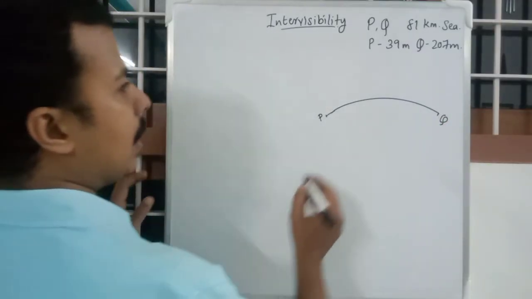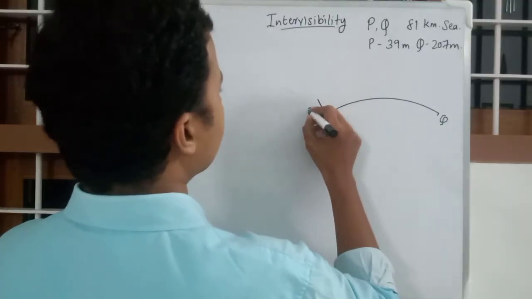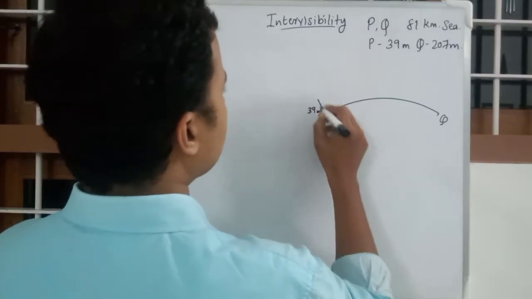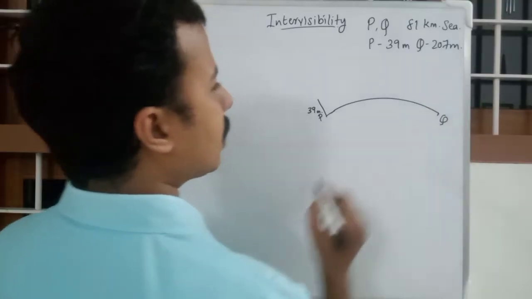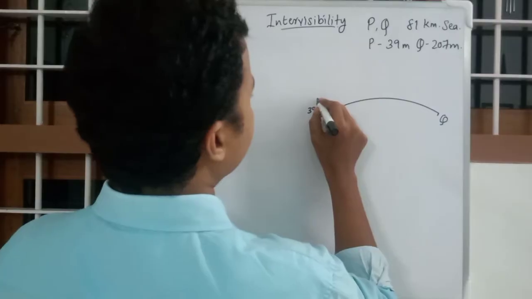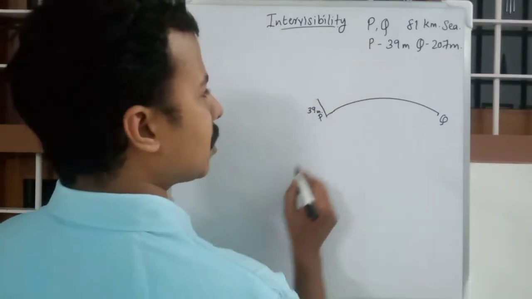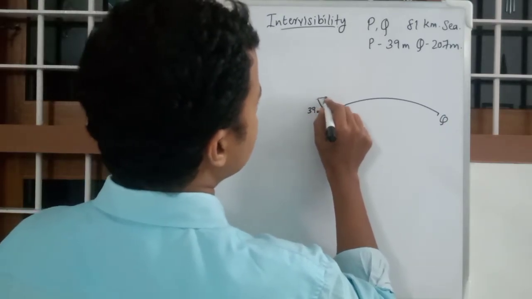And the P height we know as 39 meters. Q I'm not drawing right now, but instead, from the instrument station at P at 39 meter height, I am drawing a line of sight.